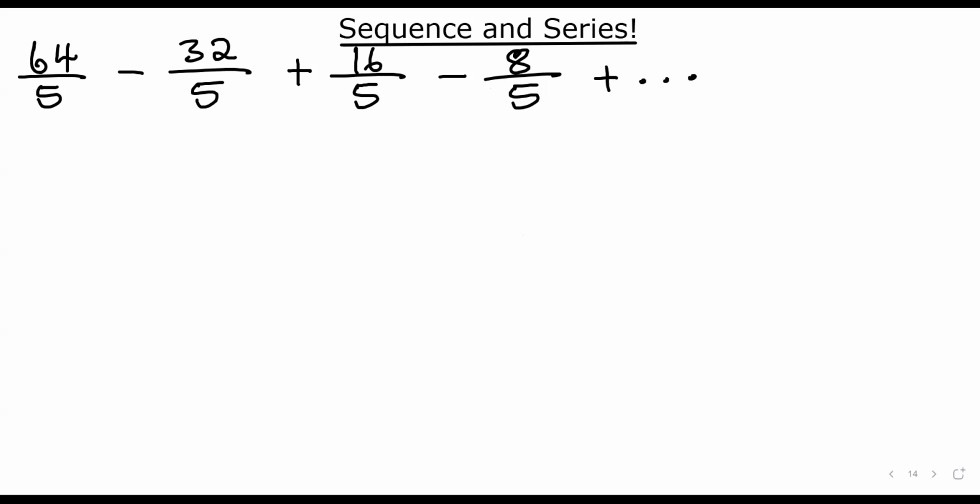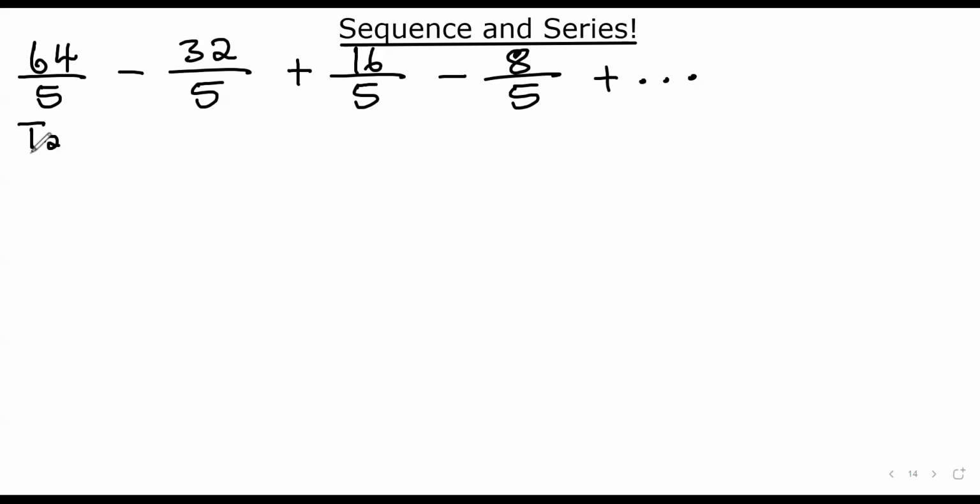Well, the question is, is this an arithmetic sequence or is it a geometric sequence? Well, if you try to find the constant difference, you're going to fail dismally. But then let's see if we can find the constant ratio because it's not given to us. So we really need to convince them.